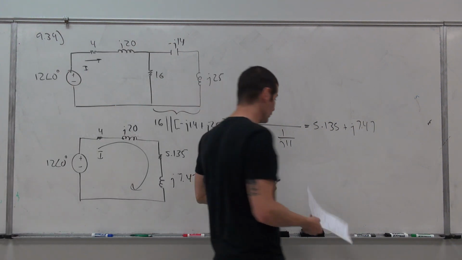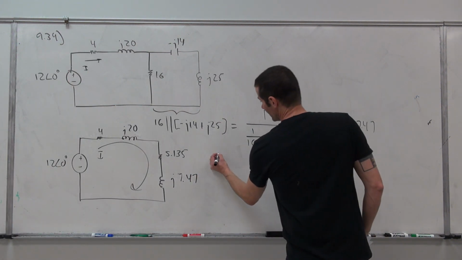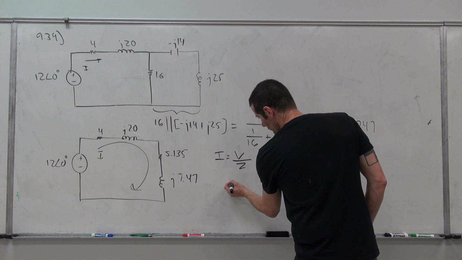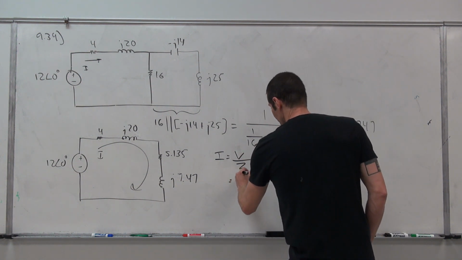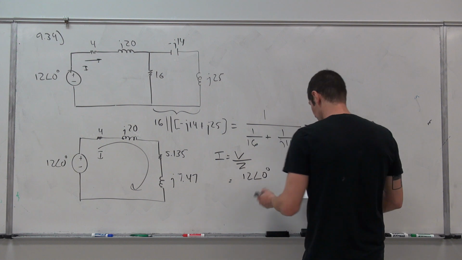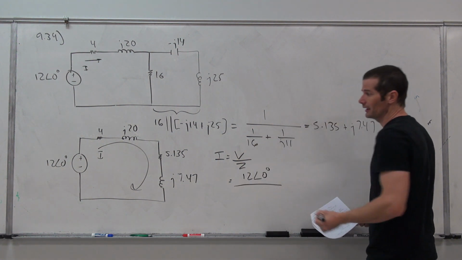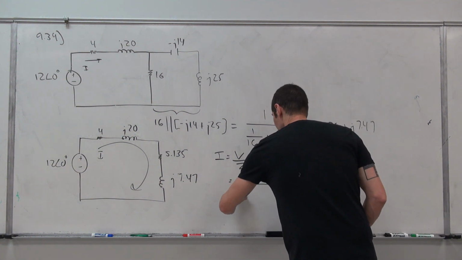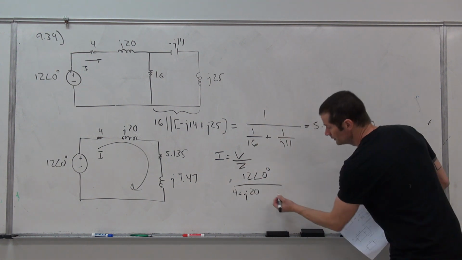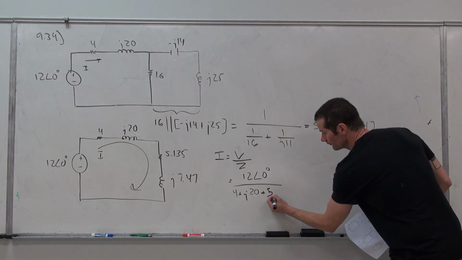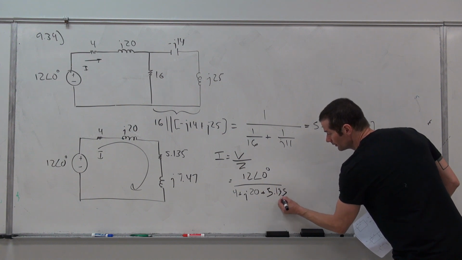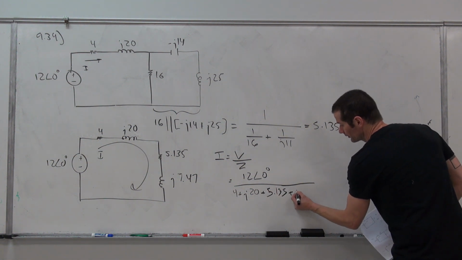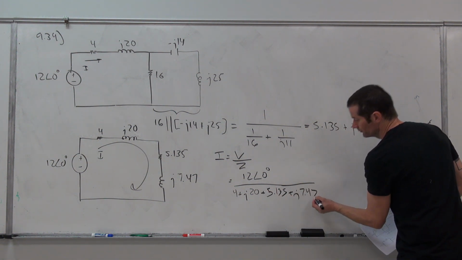So by essentially Ohm's law, or the impedance variation of that, I is equal to V over Z, which comes out to be equal to 12 at an angle of 0 degrees divided by the summation of all of these. So here we would have 4 plus J20 plus 5.135 plus J7.47.